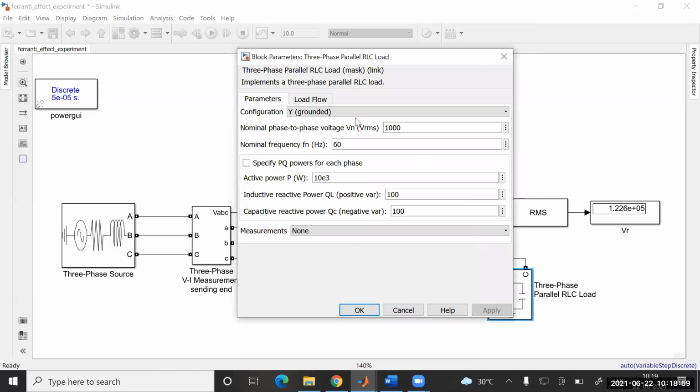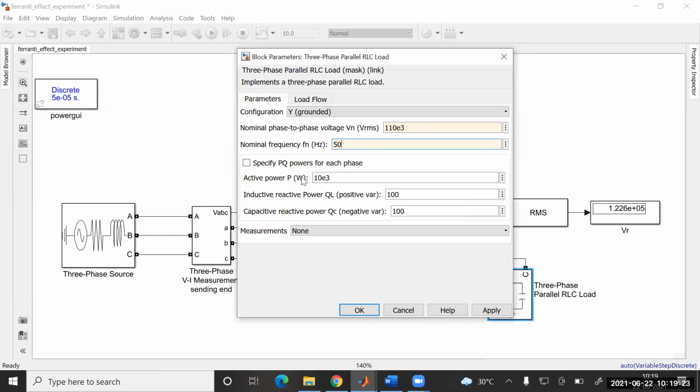Now the configuration will be Y grounded. Nominal phase to phase voltage will be RMS, that we have to give. So what voltage have we given? It was 110 e to the power 3. The frequency was 50.